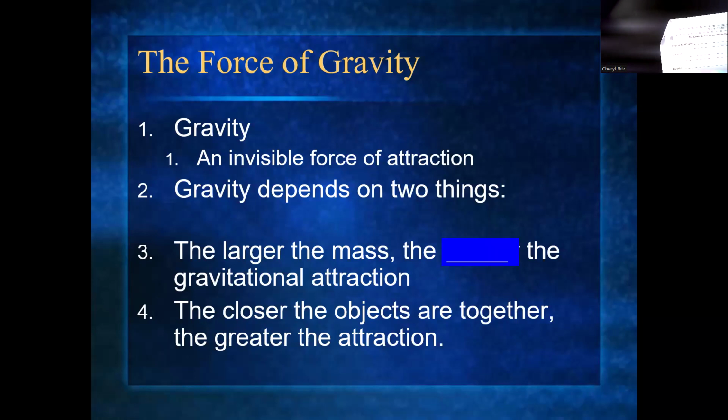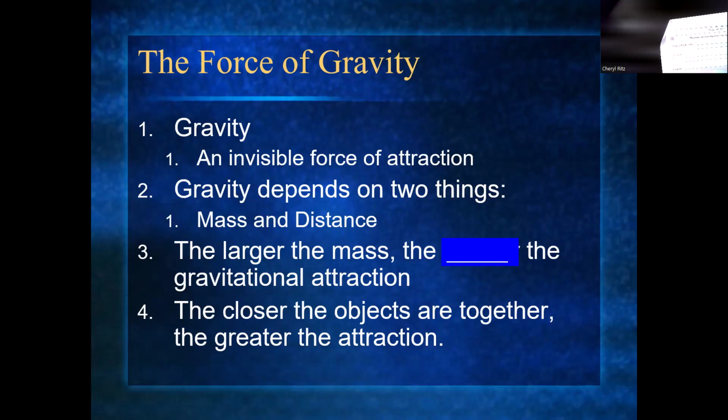Everything that has mass will have gravity. But if you notice, none of you are being pulled towards each other. We are all being pulled down to the earth. And that's because gravity depends on 2 things, mass and distance. So all of us, our masses are nothing compared to the mass of the earth. So that's why we are being pulled down towards the earth and not towards each other.